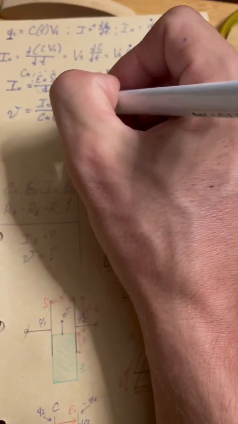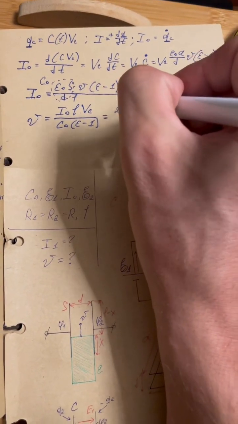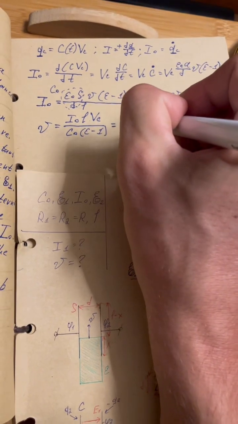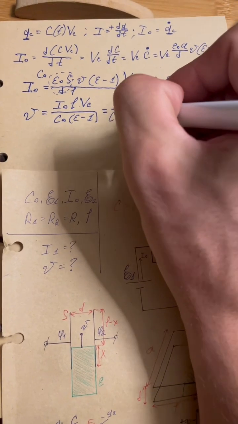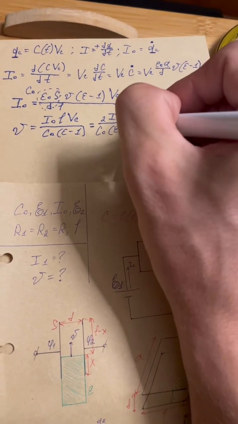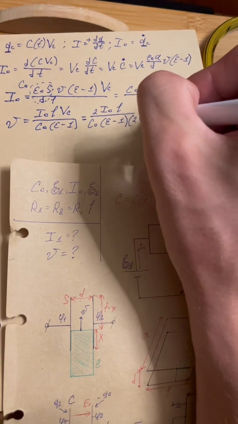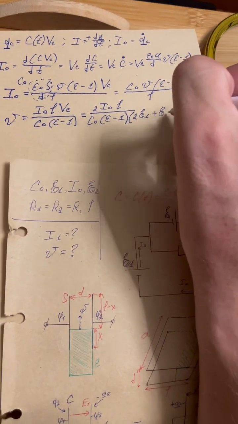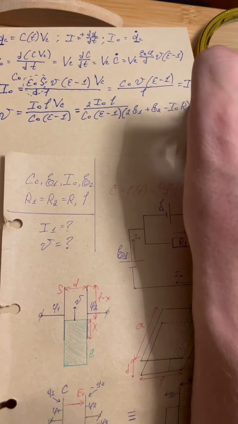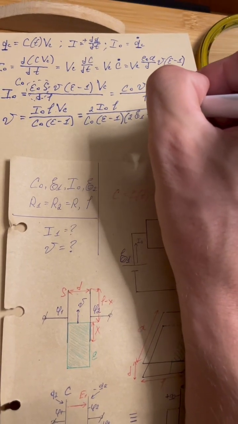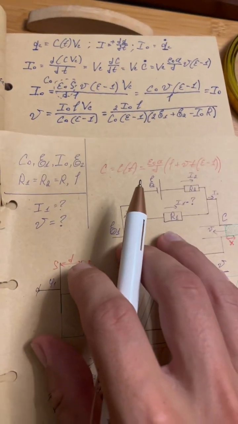So we will get 2 I0 L divided by C0 times epsilon minus 1 times double EMF 1 plus EMF 2 minus I0 R. And this is the answer for the speed. So we solved the problem.